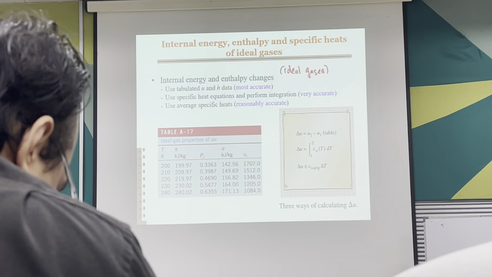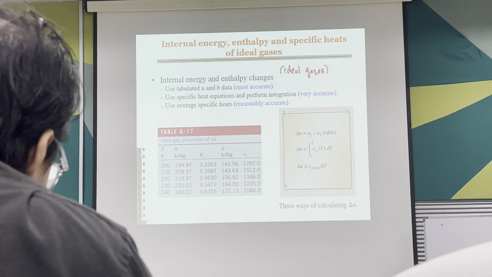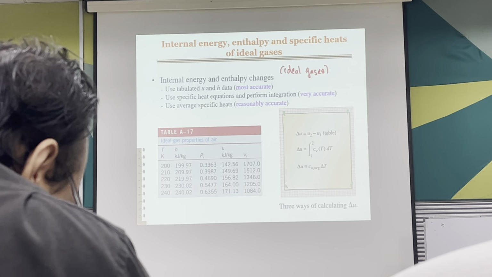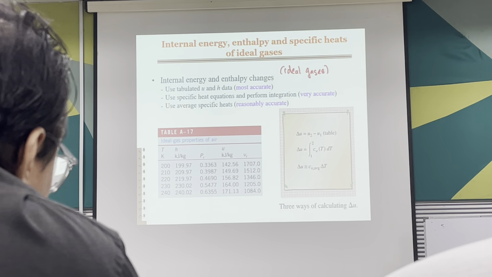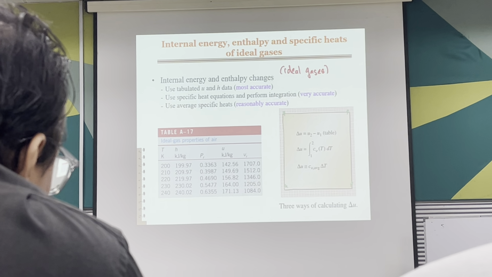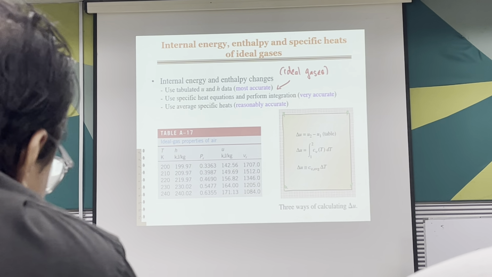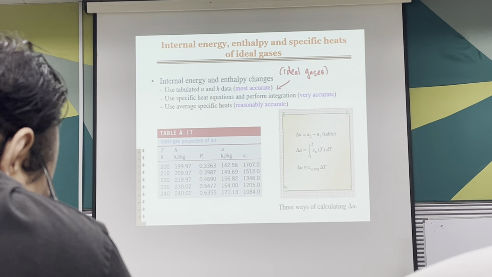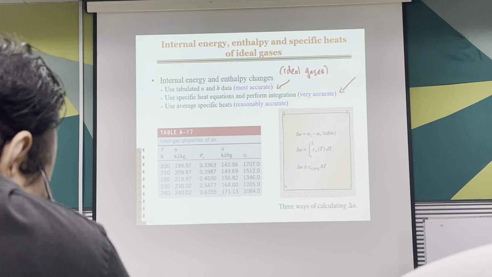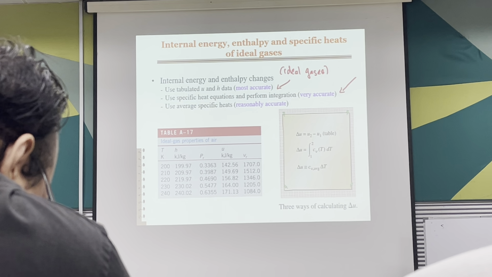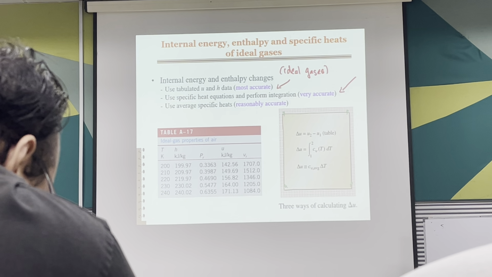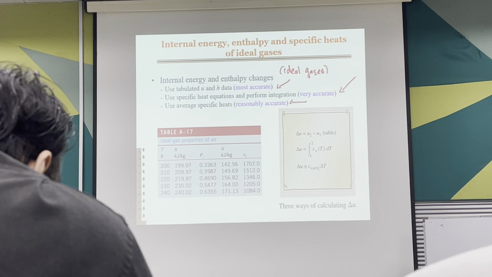So when we are looking for internal energy and enthalpy for ideal gas, we actually have three methods. The first method is using tabulated u and h data. The second method is using the specific heat equation and performing integration. This one is very accurate but very tedious. The third one is to use the average specific heat, which is what you were shown just now.